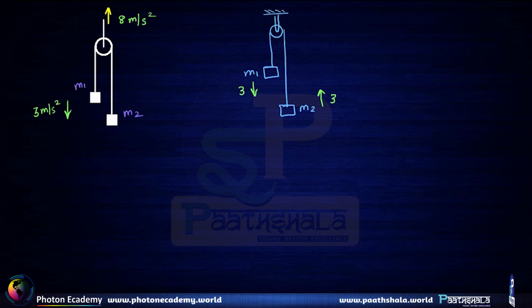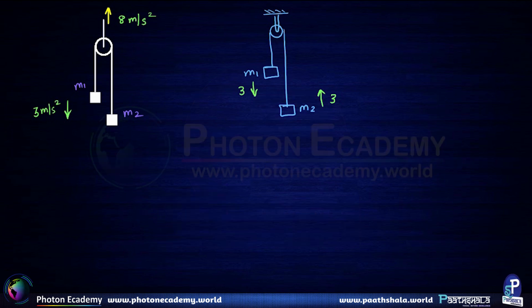Via logic and physical intuition also we can understand this. However, in this particular question the pulley is not fixed. So in order to fix the pulley, we would take the frame of the pulley, in which the acceleration of mass m1 is going to be as follows.